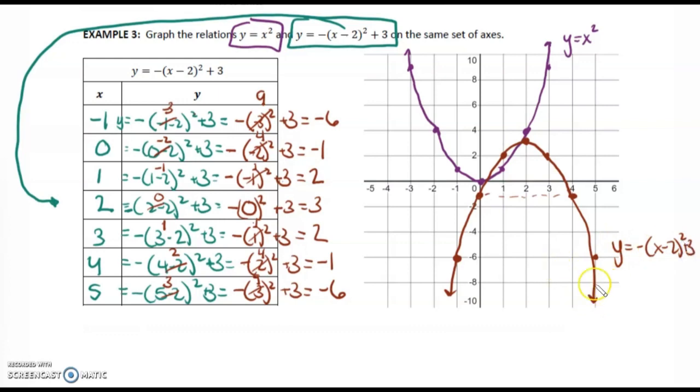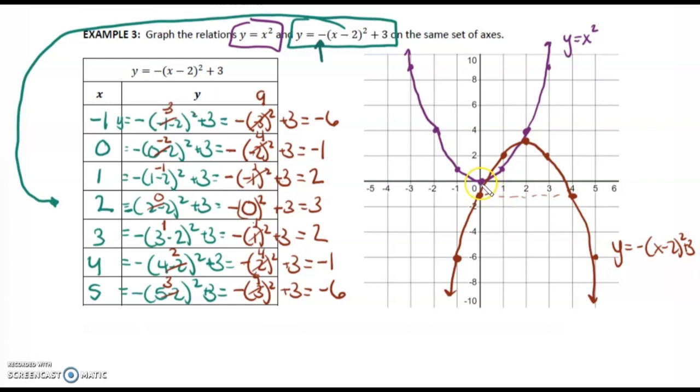Okay. So let's actually take a look at what's going on in this from the purple, which is the original, to the red, which is the transformed graph. So we see that the purple one opens up, whereas the red one opens down. And of course, that's a result of the a value being negative, right? That negative 1 being there.